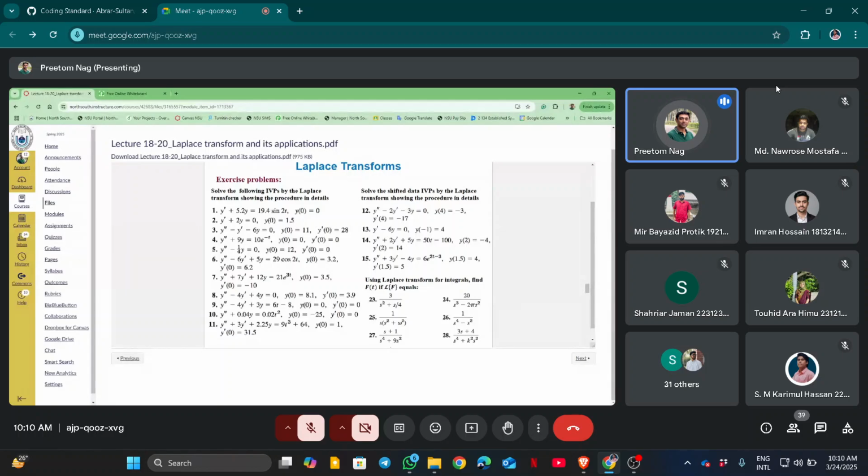Can I ask everyone to go for number 7 here? Number 7. So this is a non-homogeneous case, so we better try this one, number 7 here.